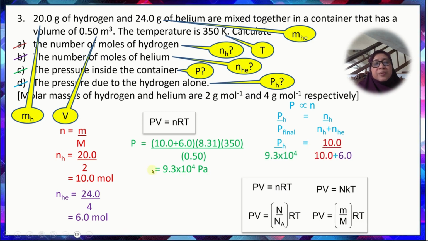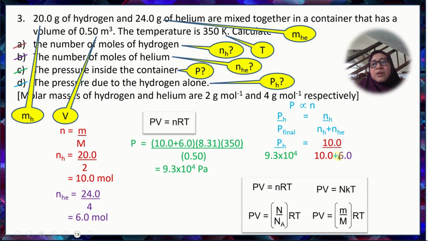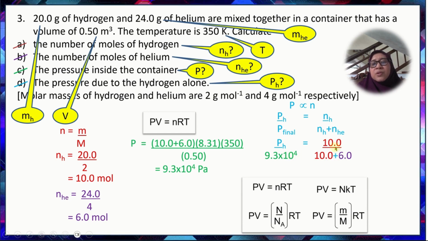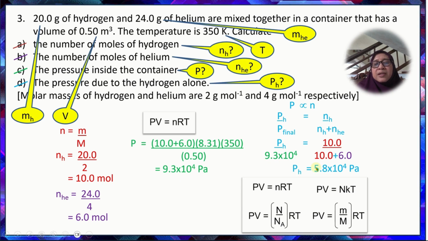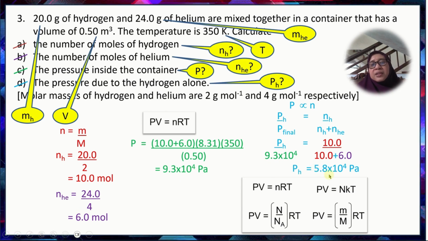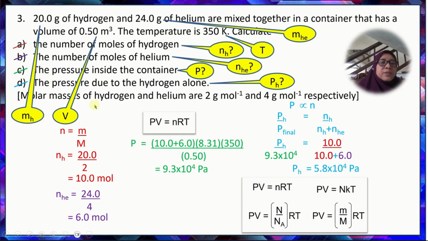So we substitute the values. P total is 9.3 times 10 to the 4, the total number of moles is 10 plus 6 mole, and for hydrogen alone it is 10 mole. So we cross multiply, and we calculate the pressure of the hydrogen gas is 5.8 times 10 to the power 4 Pascal. So that's the answer for D.